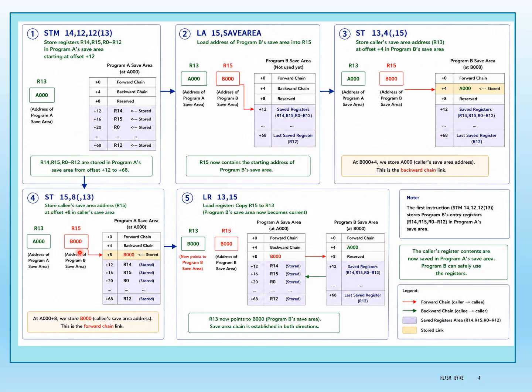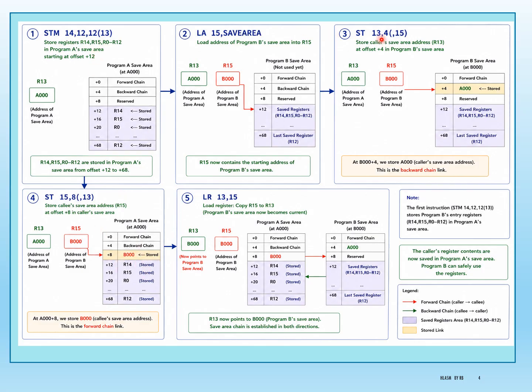Now what I am doing, I am doing the opposite of it. Now I'm taking the address of my program B save area, which is where it is right now. It is in register 15. So I'm taking from register 15, which is B00, and I'm putting it in my register 13 offset 8, which is B000.